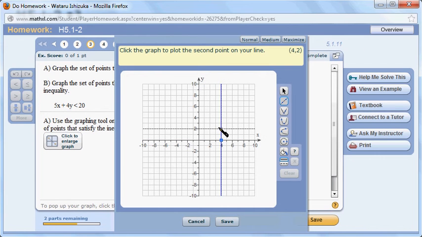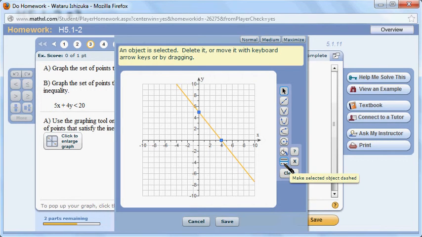And then the y-intercept was 5, so go to the y-axis, go up to 5 and click that. Since this is a strict inequality, we're going to choose the dotted line.